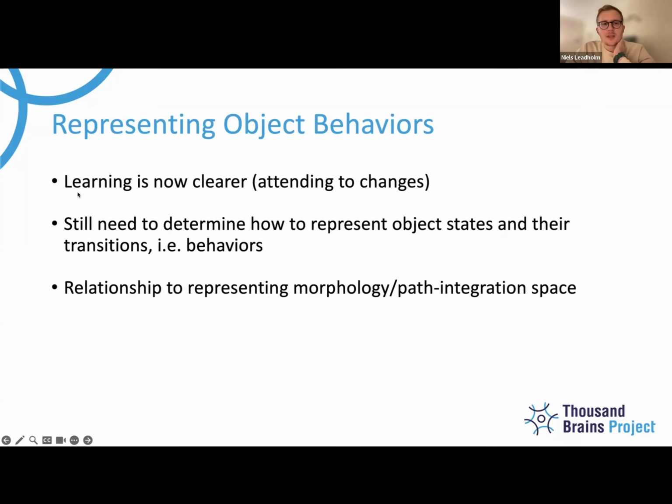After what you shared, Jeff, about how we can attend to changes, it feels like how we learn the object behaviors is a bit clearer, but the substrate that's actually representing object states is something we still need to clarify. In discussing this, I'm also going to touch on how we represent reference frames, morphology, the path integration space, whatever you want to call it.